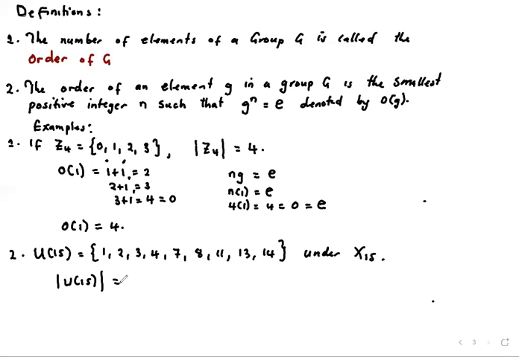The number of elements in a group G is called the order of G. So how many elements do we have here? 1, 2, 3, 4, 5, 6, 7, 8, 9. The order of this is 9.